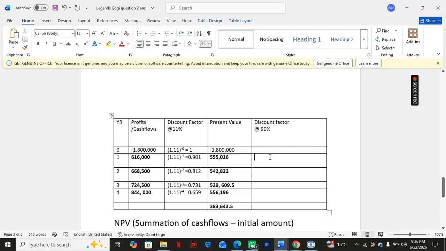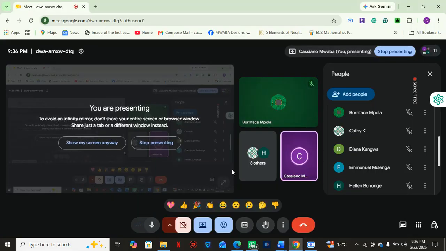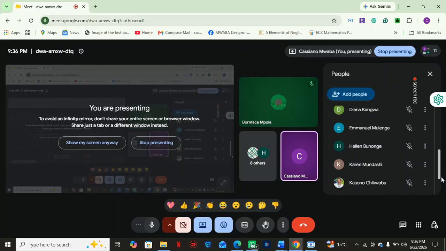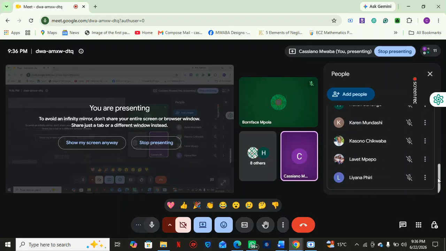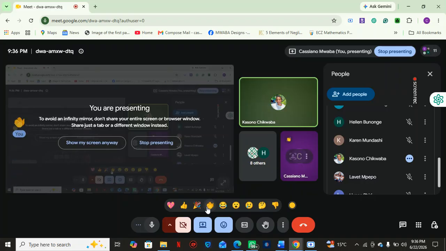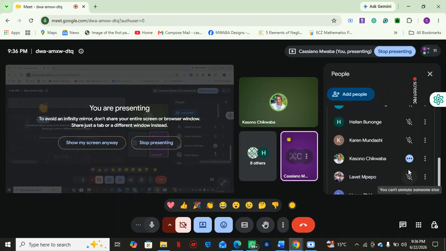Colleagues, why are we increasing this discount rate? What is the purpose of increasing this discount rate? Because it's not nice, you just know you have to increase it, but you don't know why. Mr. Kasono? Yes, so that we get a negative NPV.